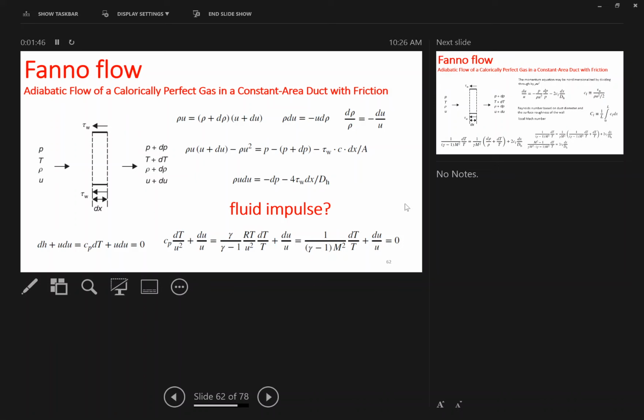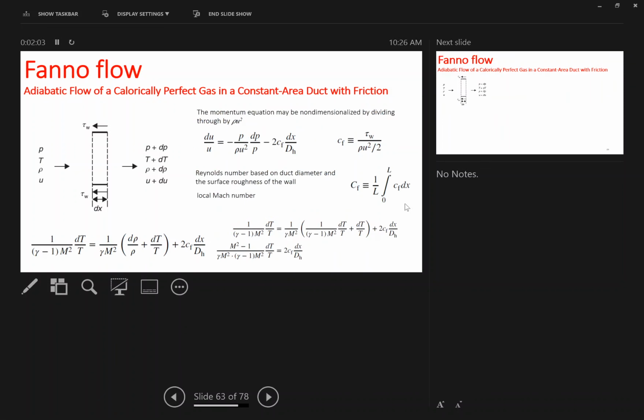And we will talk about the fluid impulse a little bit further in the lecture. And we also have the energy equation, which was the other difference between Fanno flow and the Rayleigh flow. Okay. So we saw this, and eventually we massaged the equations a little bit to come to this final equation.